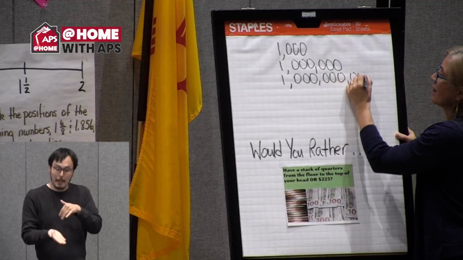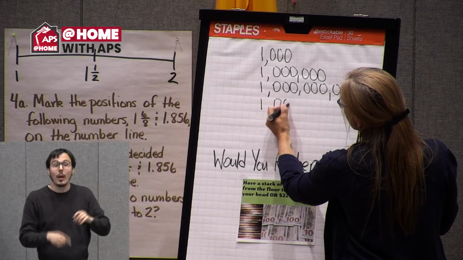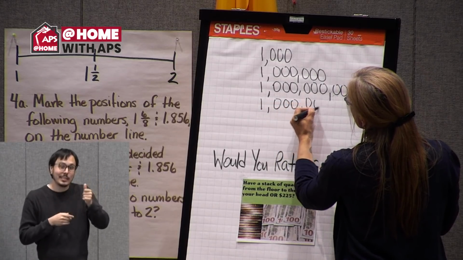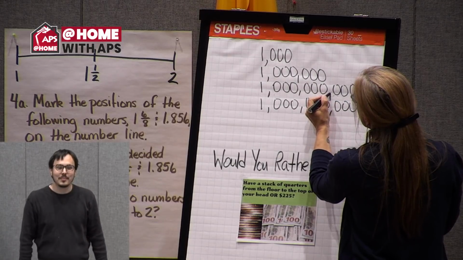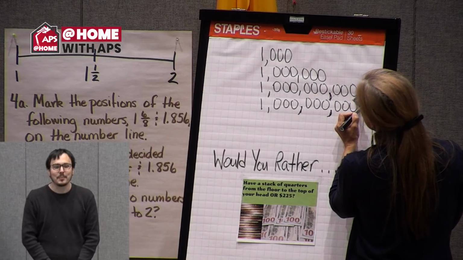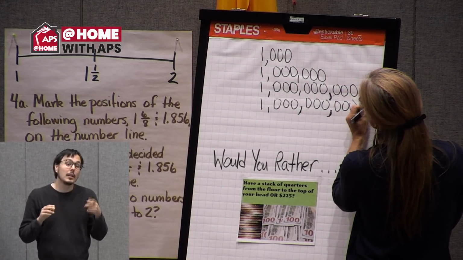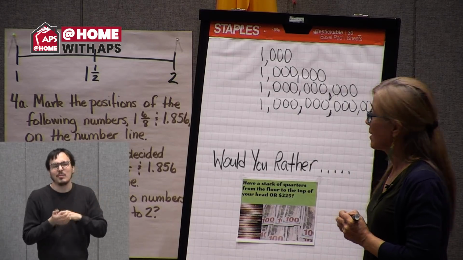So we need to add 3 more zeros. And 1 trillion is 1,000 billions. Wow, my commas got a little big there. So we need a whole other set of zeros. So I think that we could probably say that the trillion is the biggest number, right?